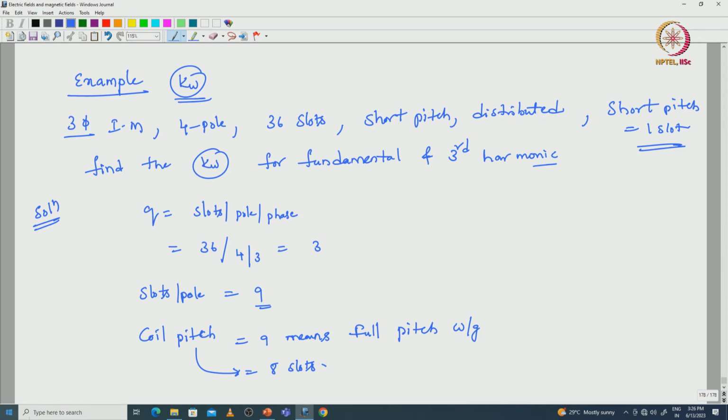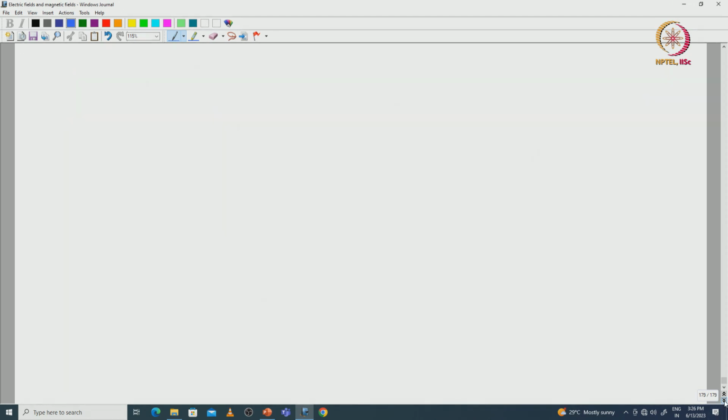Okay. Then what is alpha? With respect to the one slot pitch, full pitch is nothing but 9 slots, equal to 180 degrees, that is one pole pitch, and 8 slots is the present coil pitch, equal to 180 into 8 divided by 9, right, it is equal to 160 degrees. Now the updated coil pitch for this winding type is 160 degrees.